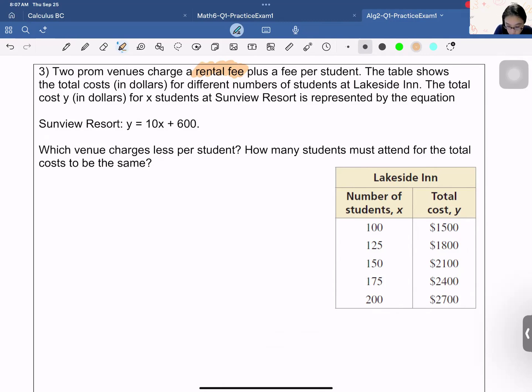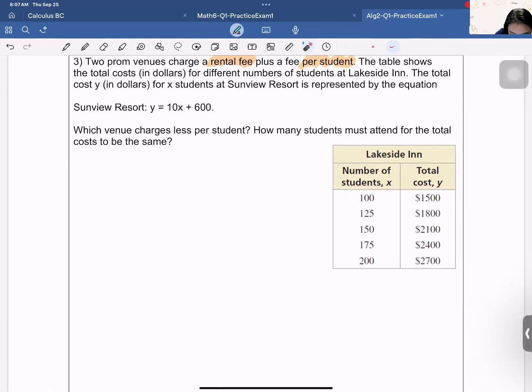This table shows the charge at the Lakeside Inn, while the Sunview Resort can be modeled as a linear equation. The question is: which venue charges less per student, and how many students must attend for the total cost to be the same? So I have two resort venues here.